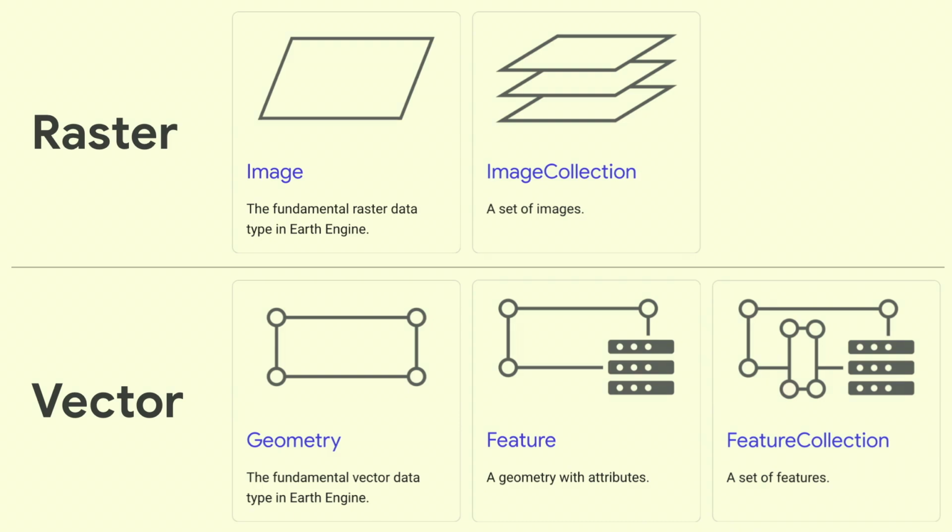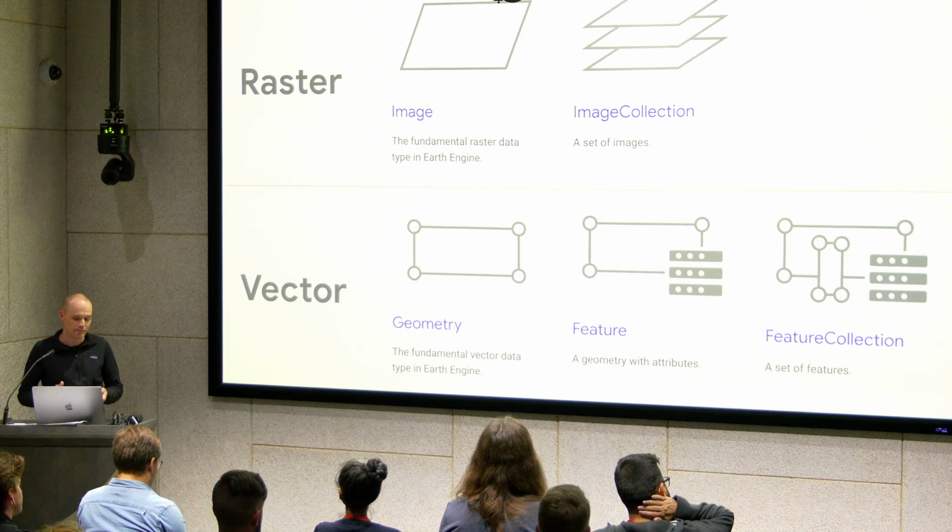And then we have vector data, and the most base level is just the geometry, the vertices that make up lines and polygons, and then there are point geometry as well. So that's just geospatial information. But then we can take that geospatial information and attach properties to it, and then we have a feature. So then you have an attribute table.